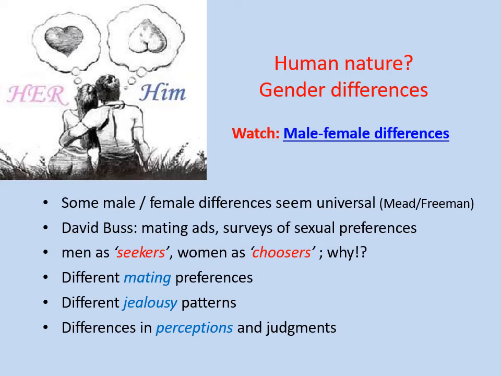David Buss, a social psychologist, has collected a lot of data analyzing, for example, mating ads and surveying sexual preferences, documenting the fact that even today, men typically are more promiscuous, more interested in casual sex, and more likely to be the seekers in establishing relationships. Women, on the other hand, tend to be more cautious, less interested in casual sex, and more likely to be the choosers in relationships.